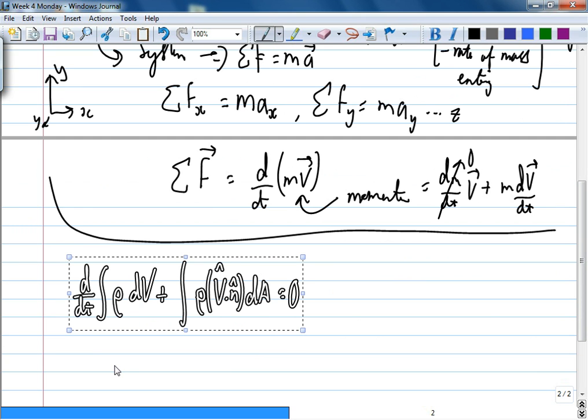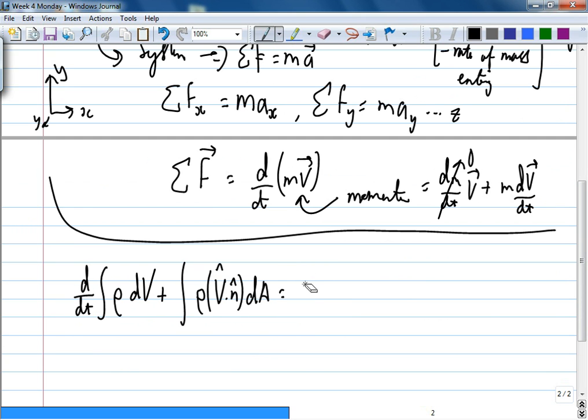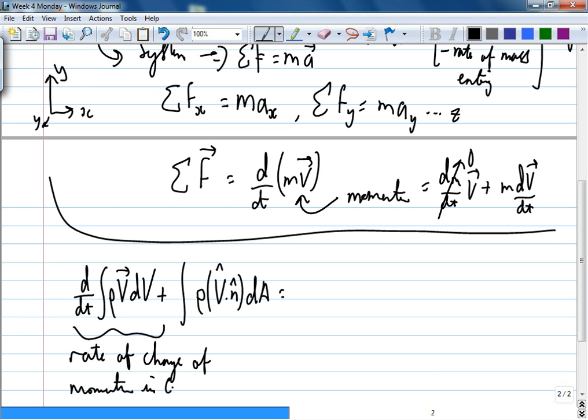So I add a velocity: rho V dV. This is the rate of change of momentum in the control volume.